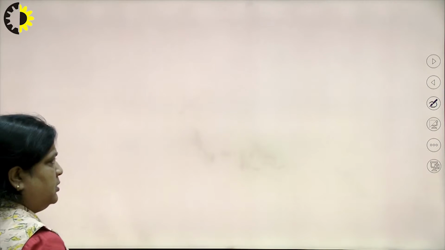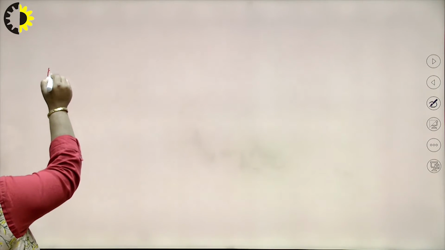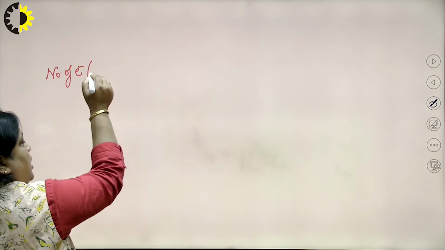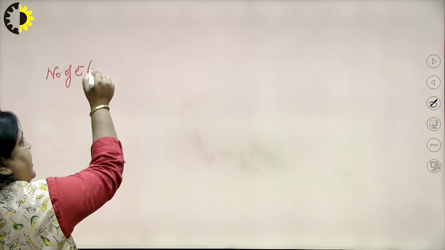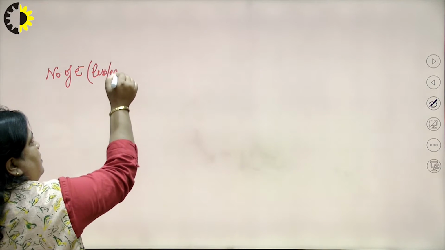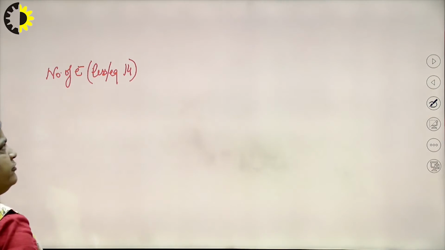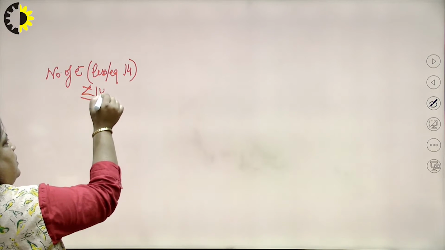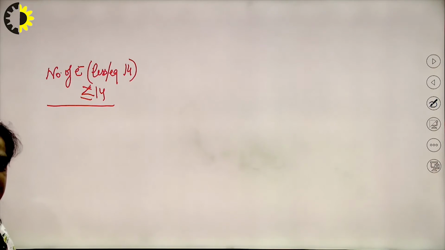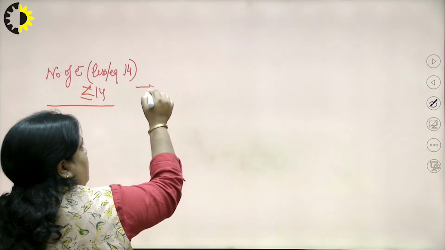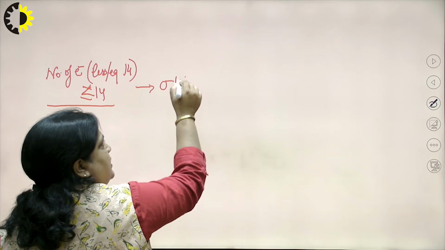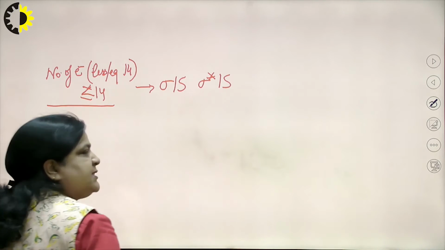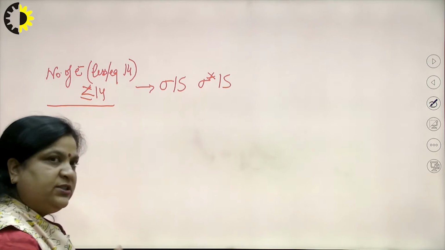When we write the configuration, if the total number of electrons of the molecule is less than or equal to 14, that is up to nitrogen, the first two electrons will enter sigma 1s, then the next two electrons will enter sigma star 1s, with maximum 2 electrons and with opposite spin.